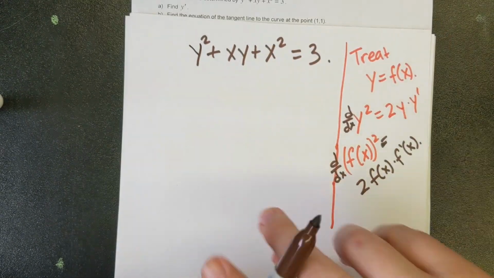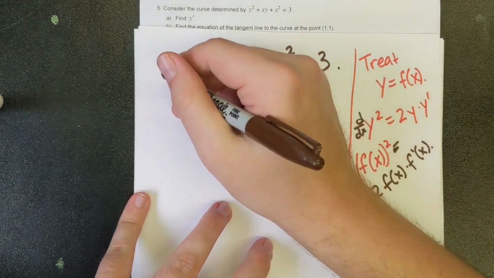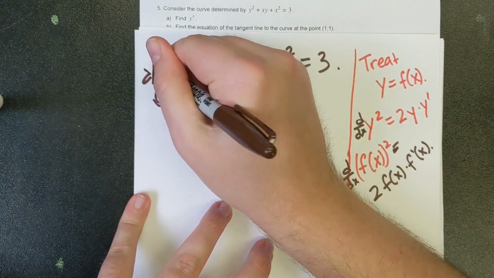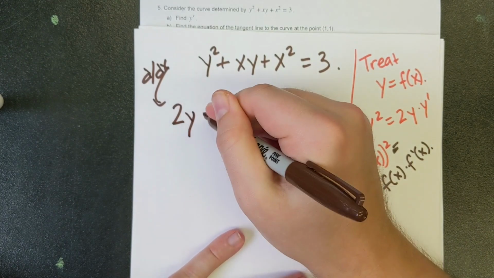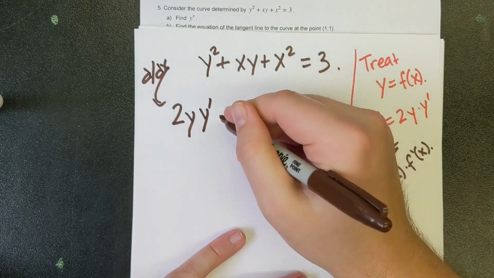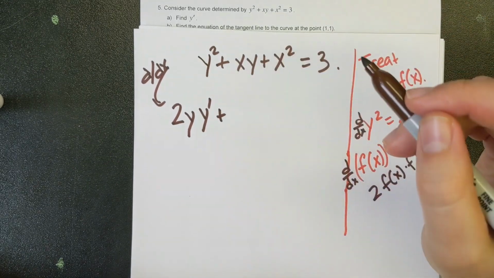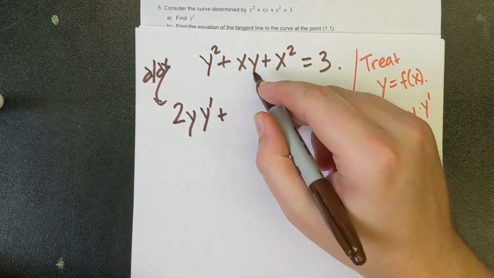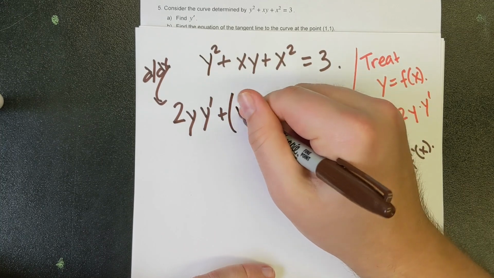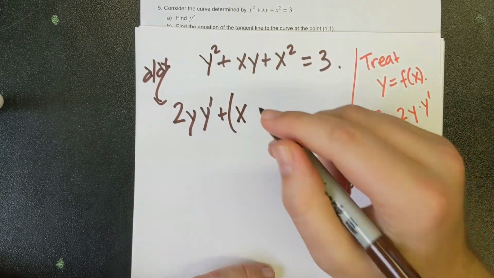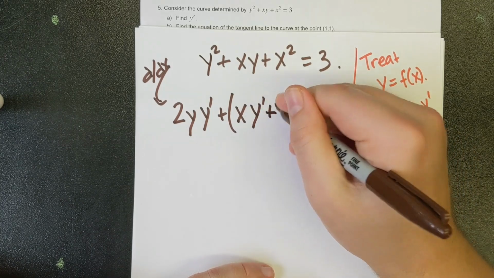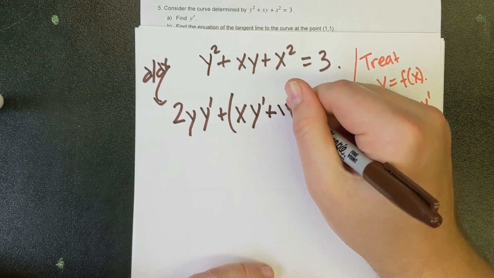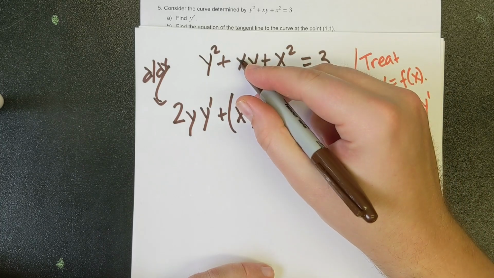Right here, we're going to take our derivative, d dx, of everything. y squared becomes 2y, y prime, plus xy. Oh, product rule, it's a product. So I hold the first, take the derivative of the second, which is y prime, plus hold the second, y, and take the derivative of the first.